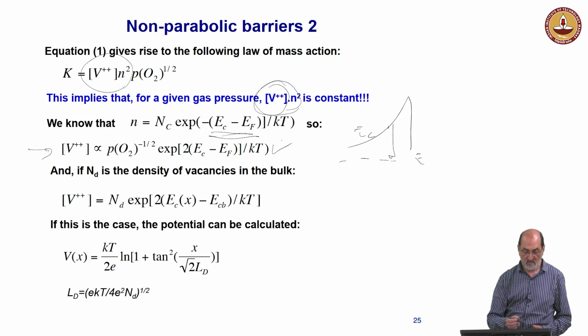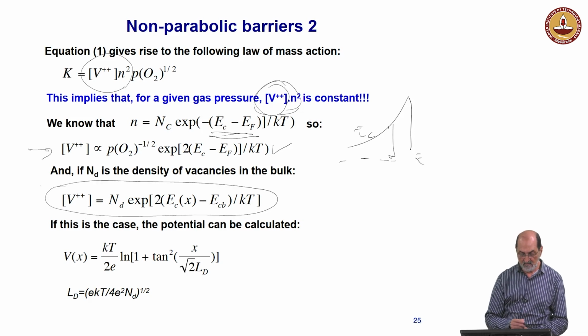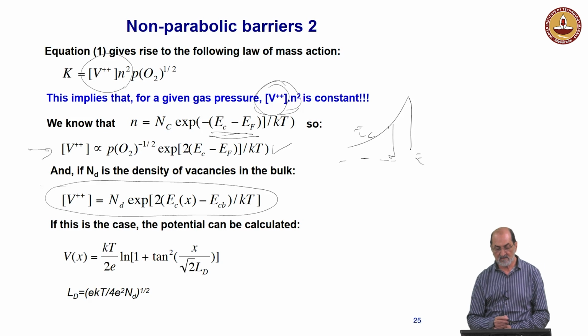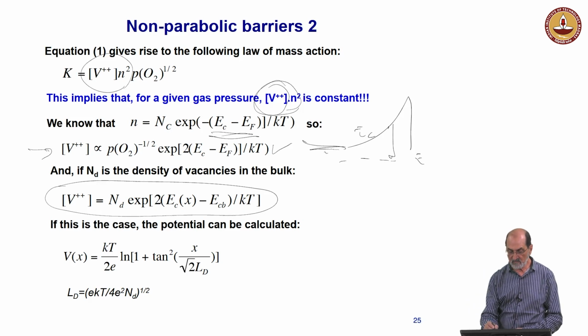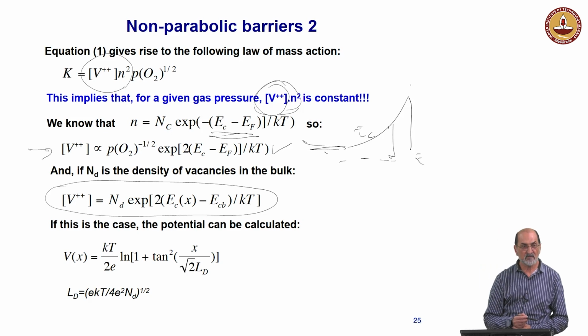And the density of vacancies is essentially the density of dopants. So if ND was the density in the bulk, here was the bulk, as we go towards the surface, the density of vacancies is going to increase. And now the potential no longer has a parabolic shape.